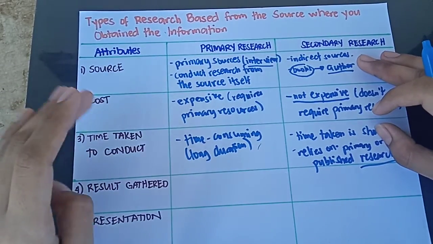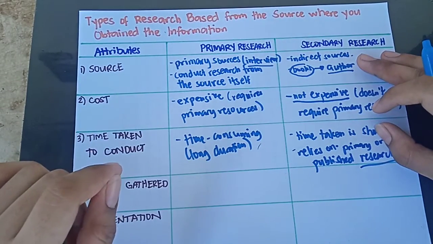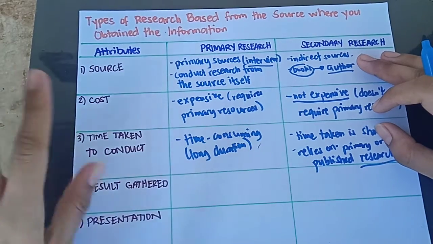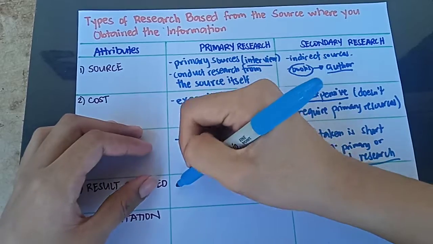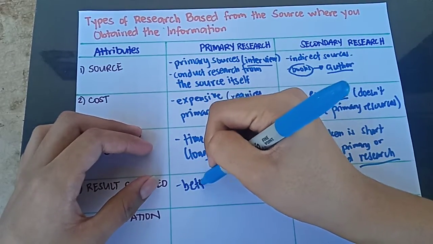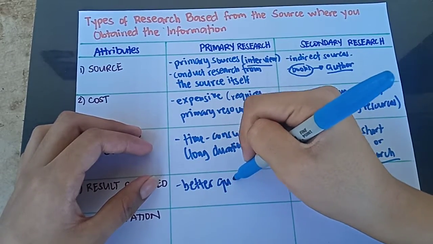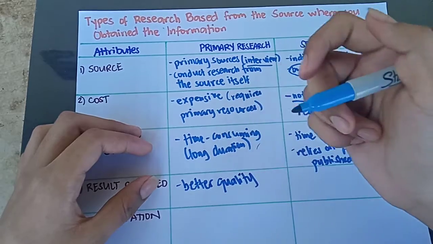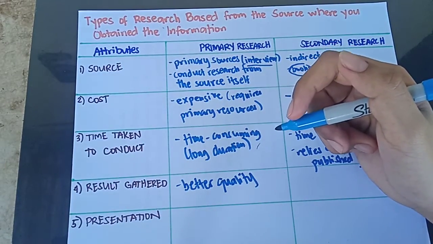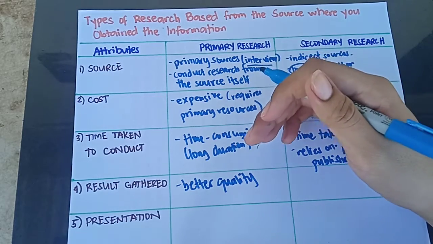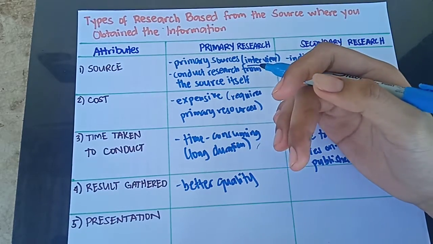Next, in the results gathered, the results produced by primary research are known to have better quality. Why? Because the researcher has direct contact with the professionals. It can produce much more specific information.